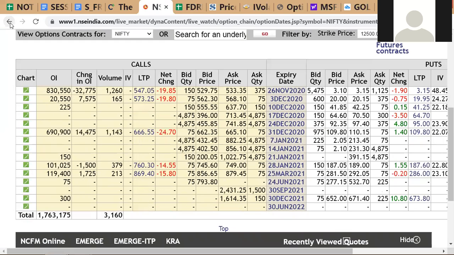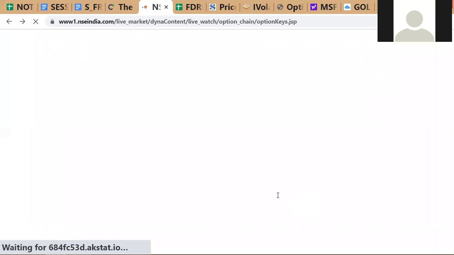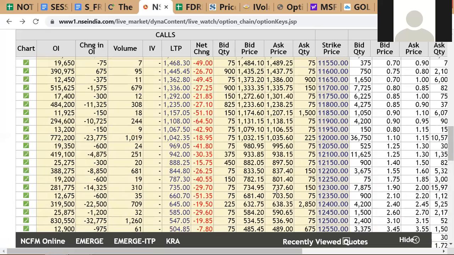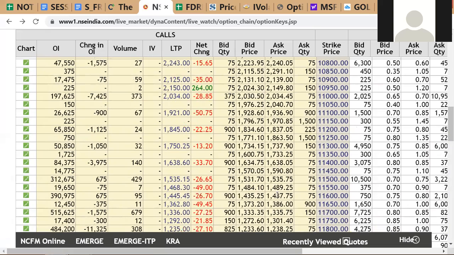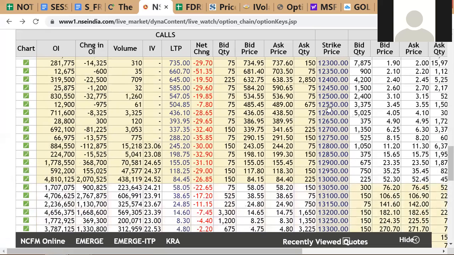Let's go back to this and see whether they have an implied volatility index for 12,500. They have not listed it for this. So they've got a bid price and ask price.